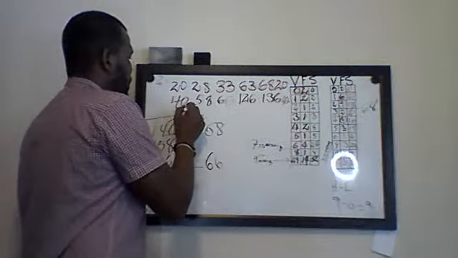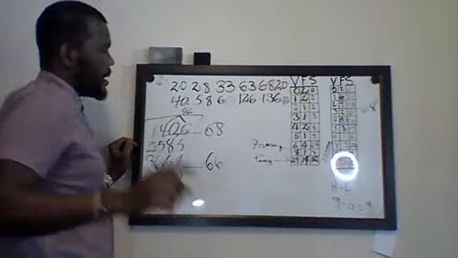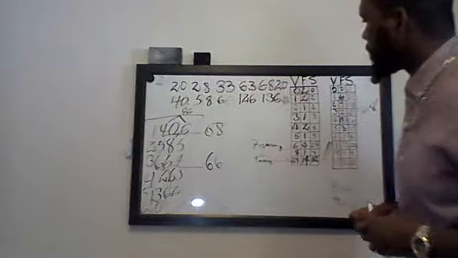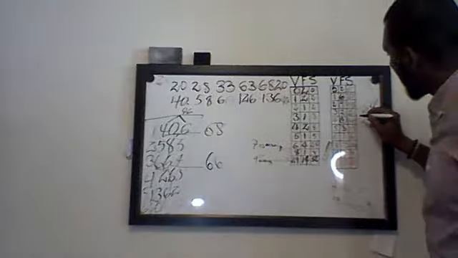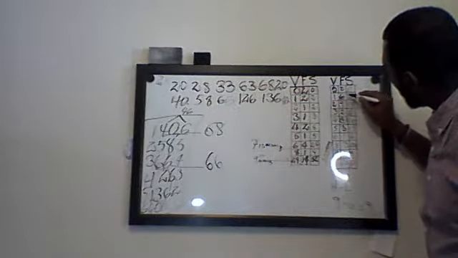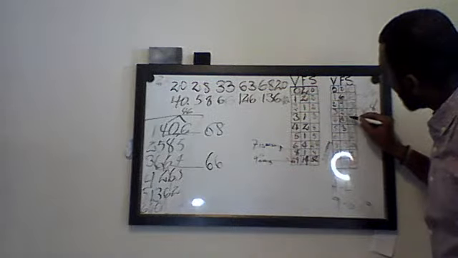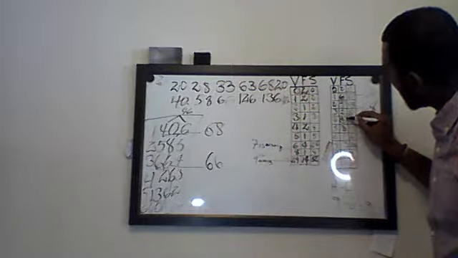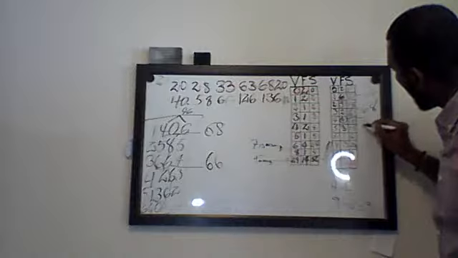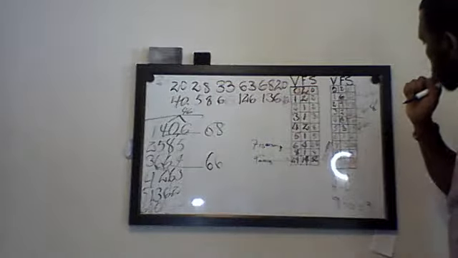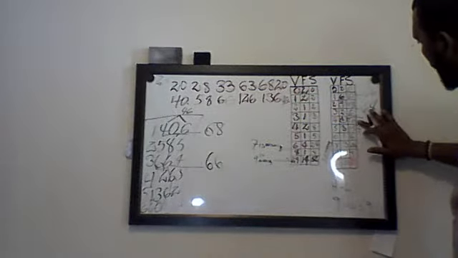Okay, 46. That's three numbers that we have so far. And then look, over here we got 66. Okay, 66 right here. And over here we got 46 right here. Okay, that's three numbers.